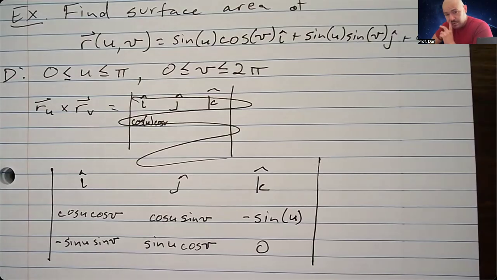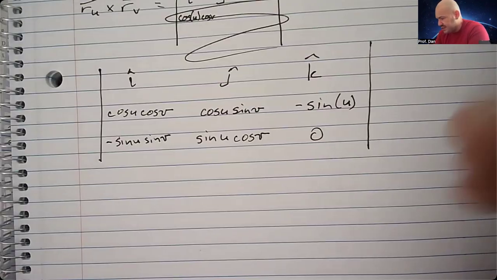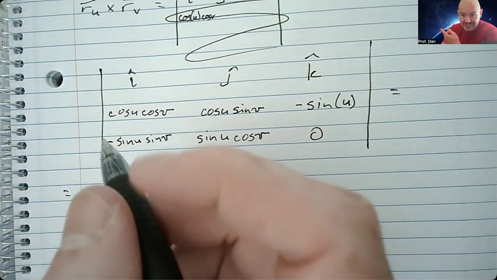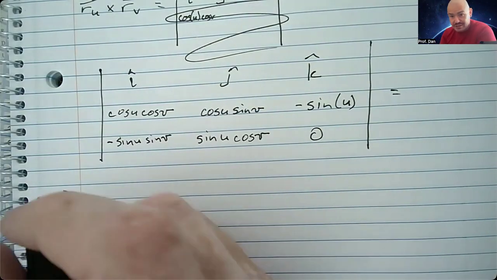All right, so to find our normal vector, we're going to need to compute the cross product for these. And I'm going to tell you right away, it's going to involve trig identities to simplify this as far down as we can.